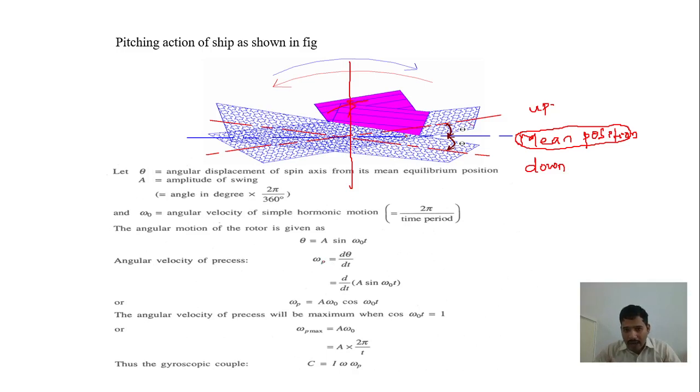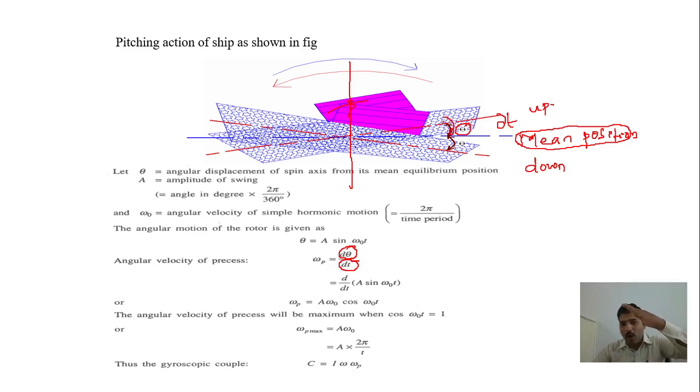So how much angle do they change? The small change of angle along with the small change of time. If the ship is moving from the mean position, how much angle does it change, and how much time is required to move from the mean position to above? What will be the angle made?